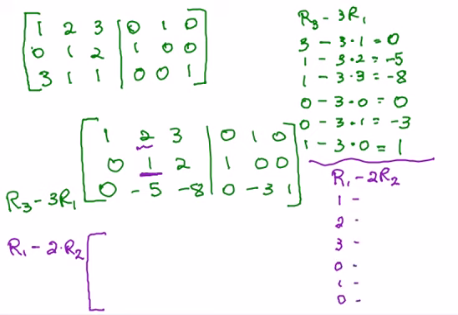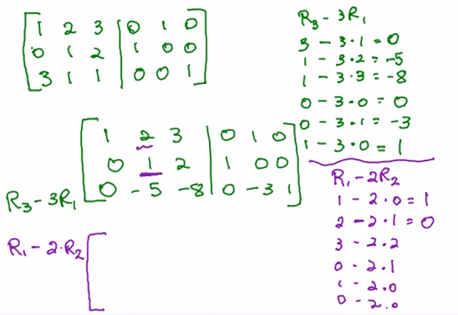And I'm going to subtract. We're going to multiply all of the numbers in row 2 by 2. Here's row 2: 0, 1, 2, 1, 0, 0. Okay, so 2 times 0 is 0, and 1 minus 0 is 1. 2 times 1 is 2, and 2 minus 2 is 0.